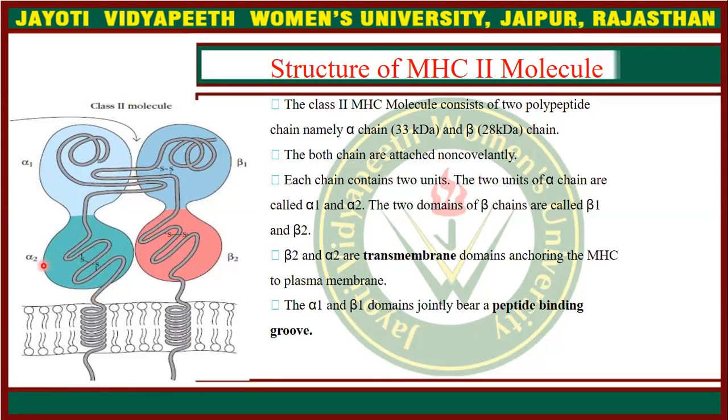In MHC class 2, both alpha 2 and beta 2 have a transmembrane domain. In class 1, it was only in the alpha chain, not in the beta. So in MHC class 2, the transmembrane portion is present in both chains.